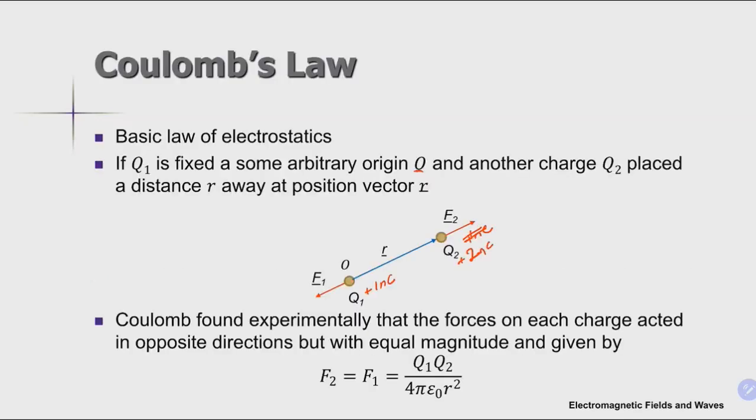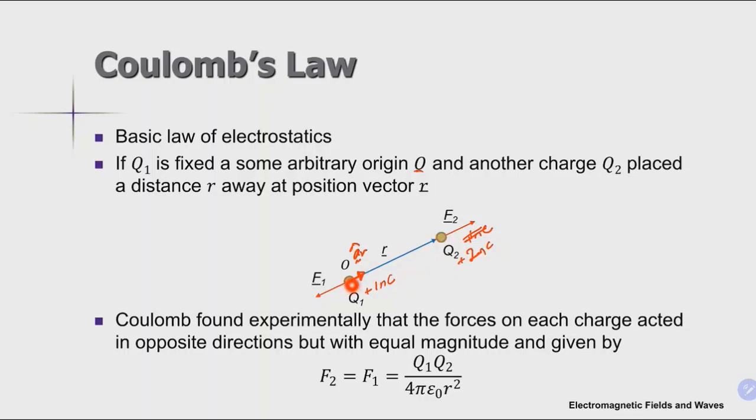If I go back to here, I define a unit vector a_R in the direction of my vector R, and earlier I said that my vector R is pointing from the origin, or from Q1 to Q2.